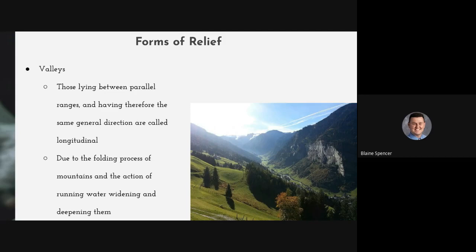Okay, so when we look at this, when God was creating the valleys, the mountains, when he was creating the earth within those 6 days, we see that there's going to be a part of this that he has done. Okay, we see that due to the folding process of the mountains, when God is establishing these higher points, there is the action of the running water widening and deepening them.